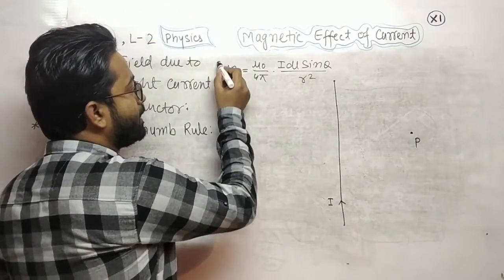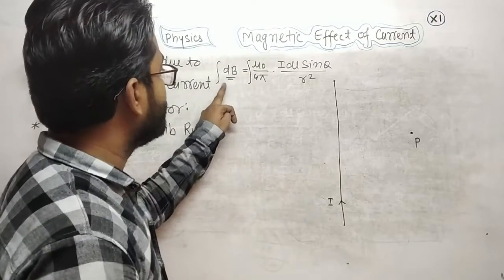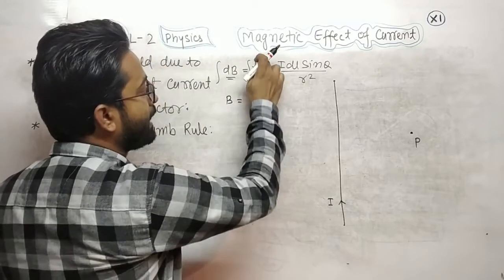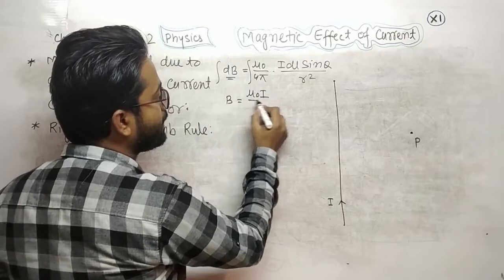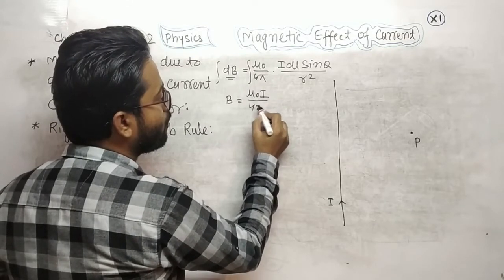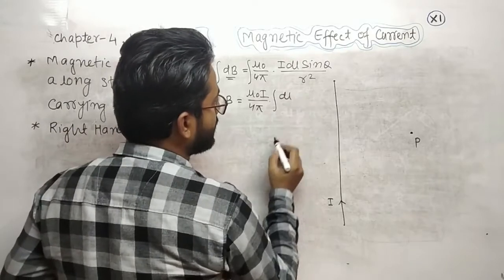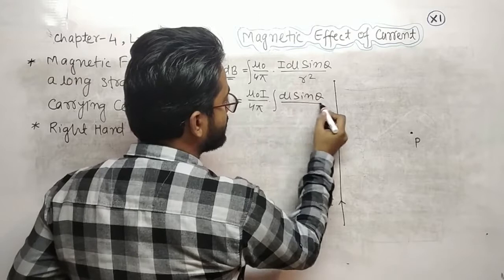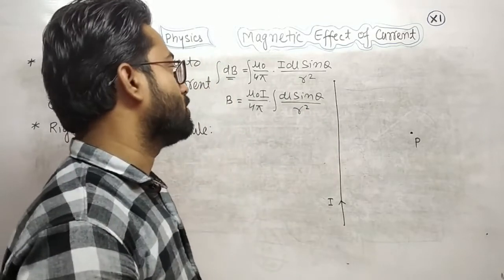After integrating, dB will become B, and mu naught I upon 4 pi is constant, but the other variables dl and sine theta are not constant, and r square is also not constant.